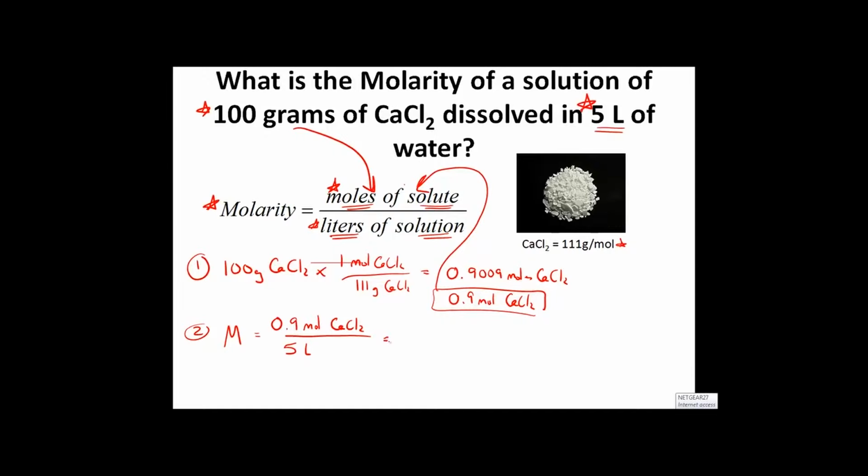And we divide 0.9 divided by 5, we end up finding that the molarity of the solution is 0.18, and we use the capital M for molar. Alright, that is our first example of how to calculate a molarity problem.